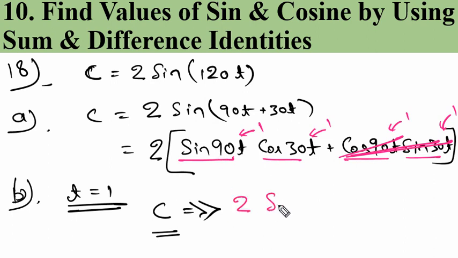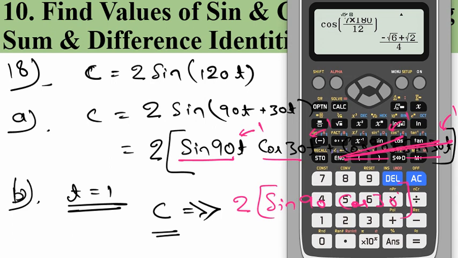So 2 sine 90 cos 30. Only this you have to solve. Sine 90 is 1 and cos 30 is, I think, 1 over 2, or root 3 over 2. Yeah, root 3 over 2.